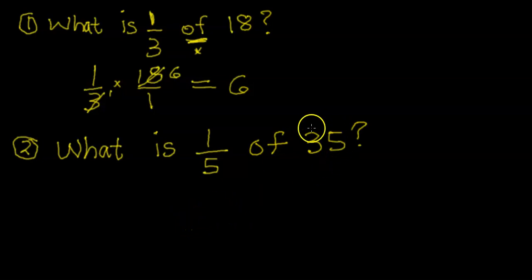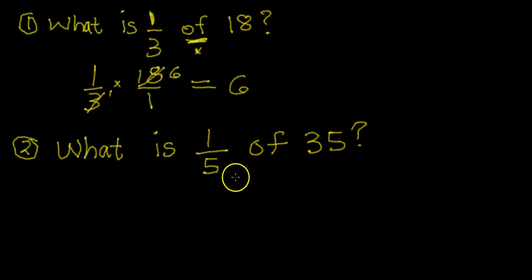I mentioned the interpretation of this question is you have 35 of a certain item. It says divided into 5 equal parts, and basically take 1. So 35 divided into 5 equal parts and take 1.